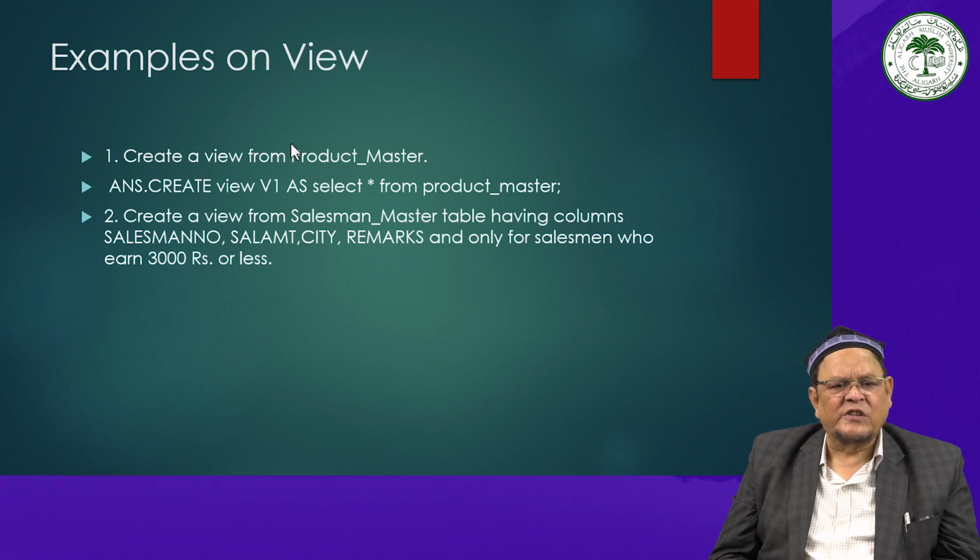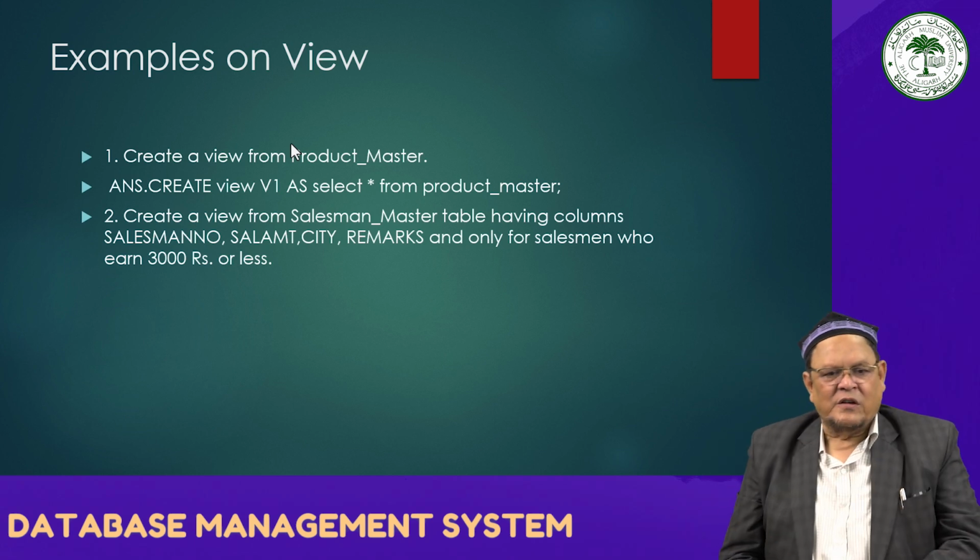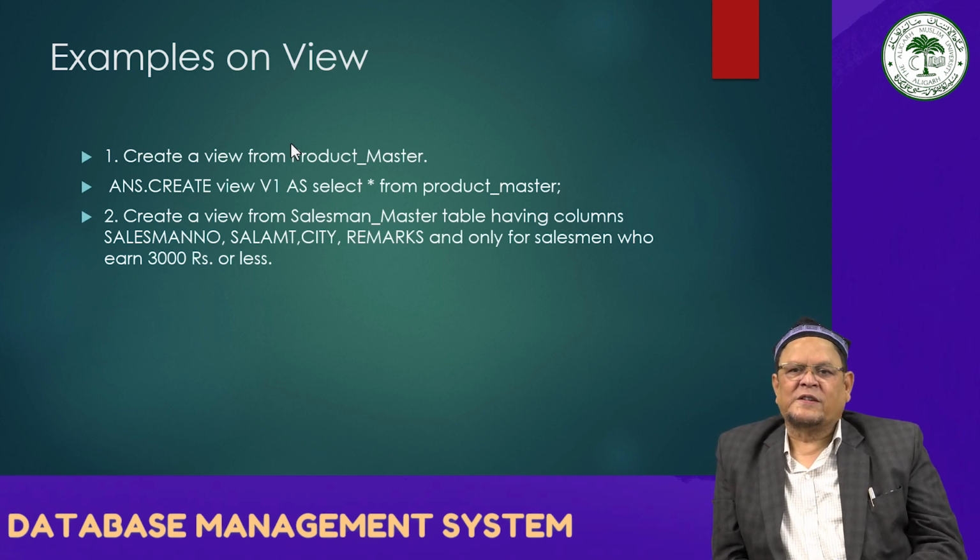The next question is to create a view from the salesman master table having columns salesman number, salary amount, city, remarks, and only for salesmen who earn 3,000 rupees or less.